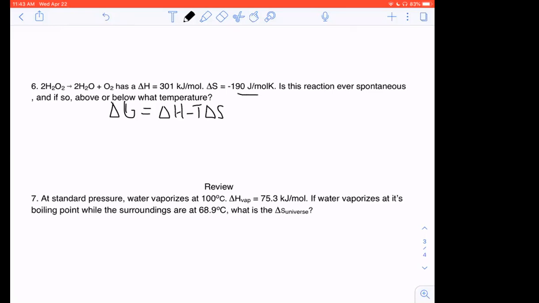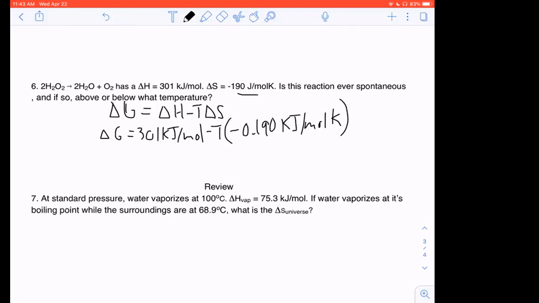So delta G equals 301 kilojoules per mole minus T times negative 0.190 kilojoules per mole Kelvin. I just converted that into kilojoules there. So this is what you're solving for T.